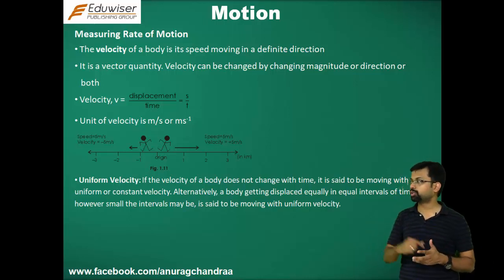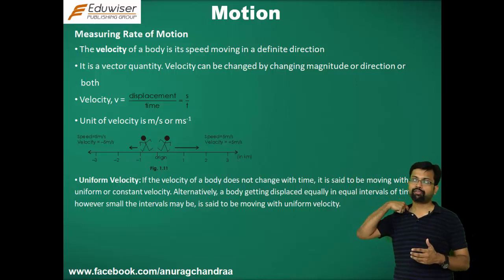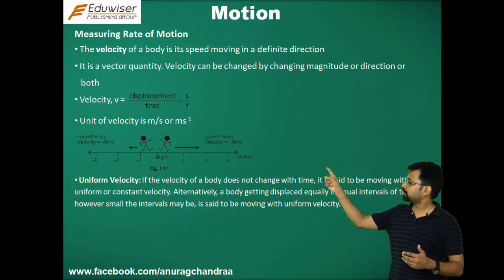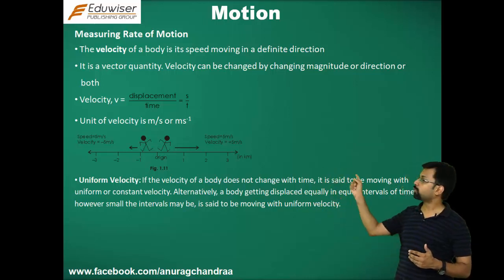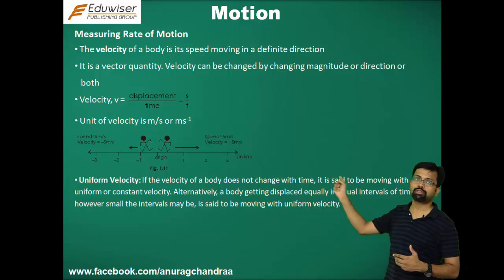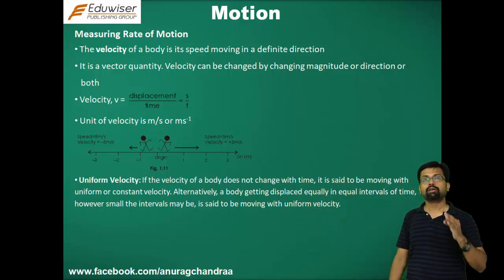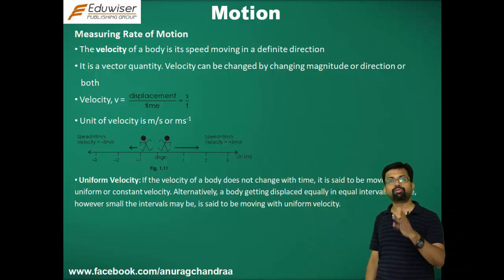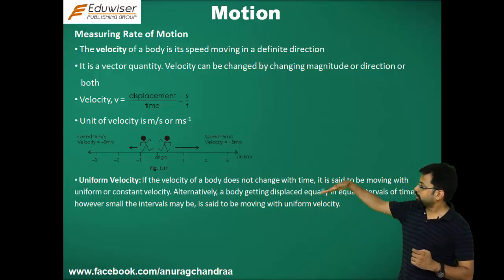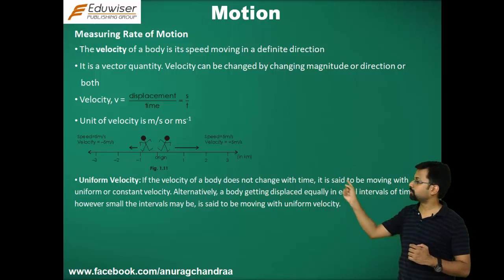For example, in a motion along a circular path, if the body is moving with a speed of 20 meters per second along the circular path, it would mean the speed remains constant, uniform throughout his movement along the circle. So he moves 20 meters in 1 second as he moves around the circle. But will his velocity also be called uniform velocity? It will not be called, because his direction keeps changing as he moves in a circular path.